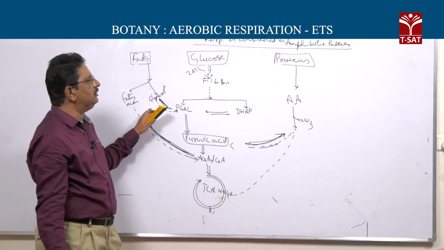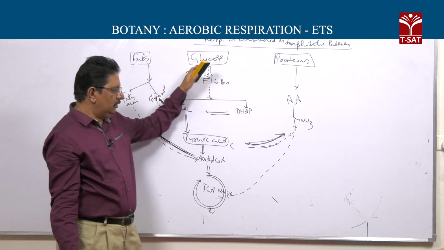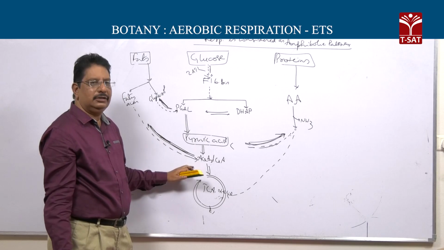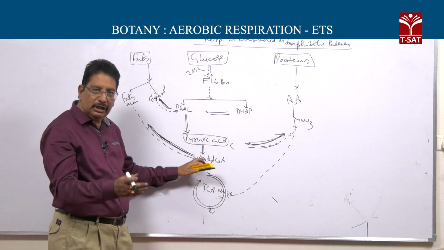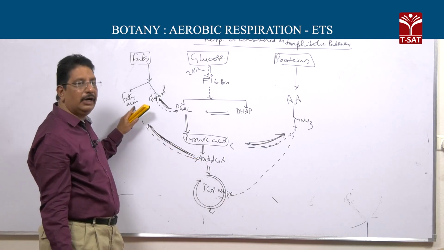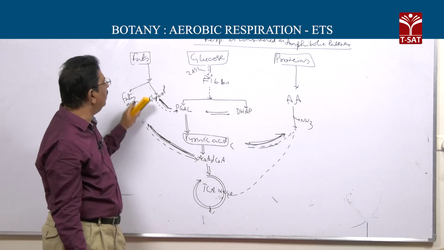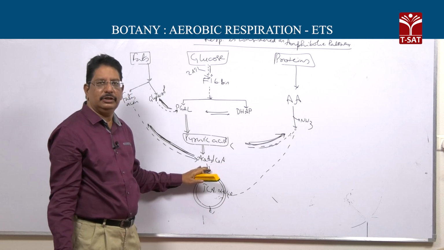So, in all these cases, whether glucose or fats or protein, there is catabolism. But sometimes the acetyl coenzyme A formed in respiration may leave the pathway and be utilized in the synthesis of fatty acids, in turn fats. So, there is a construction of substances from a respiratory intermediate.